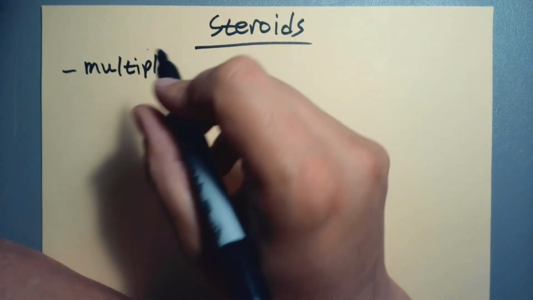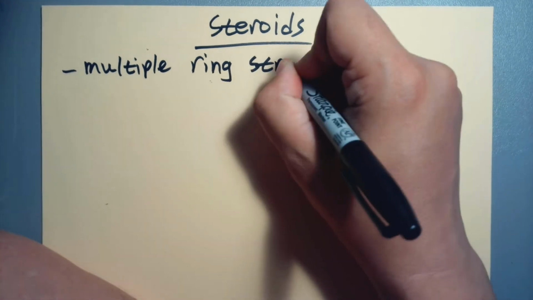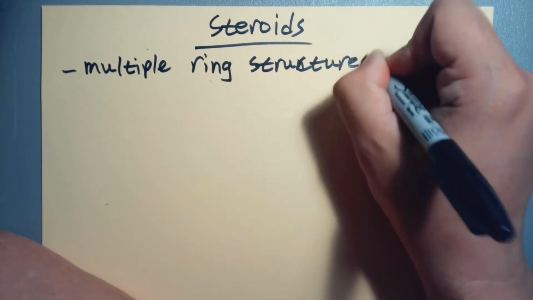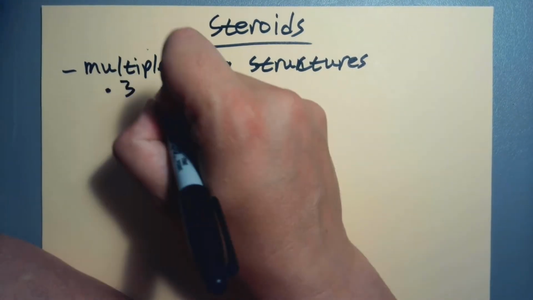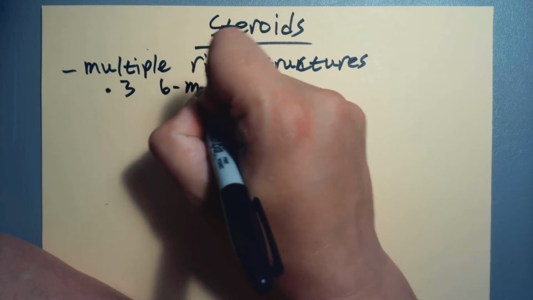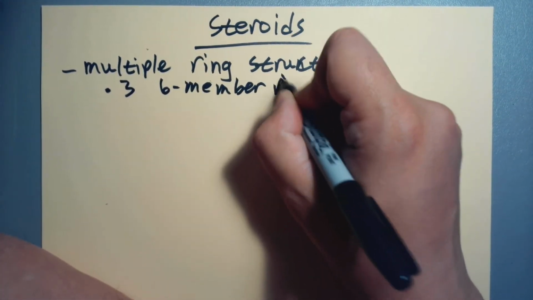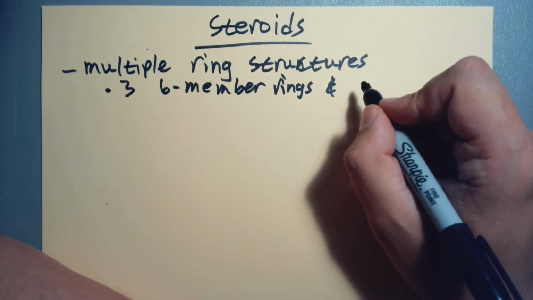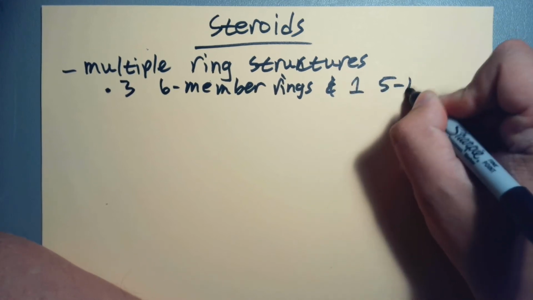Good old description, right? We got multiple ring structures. Right off the bat, you're like, rings? I don't remember any rings structures. So it has 3 6-member rings, and 1 5-member ring.